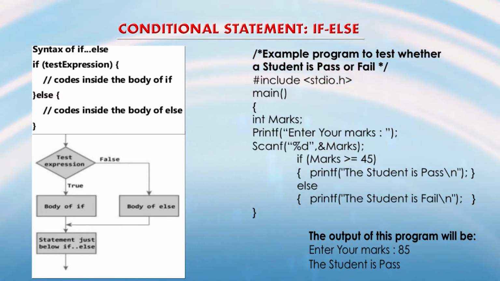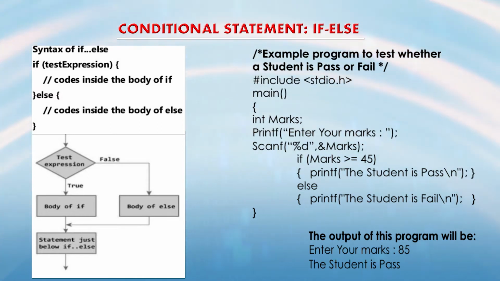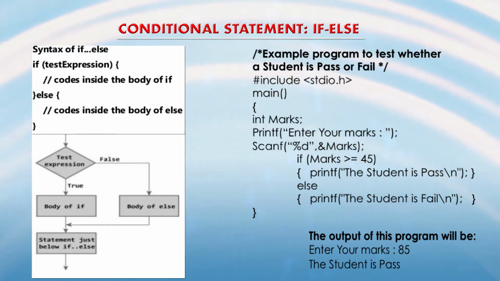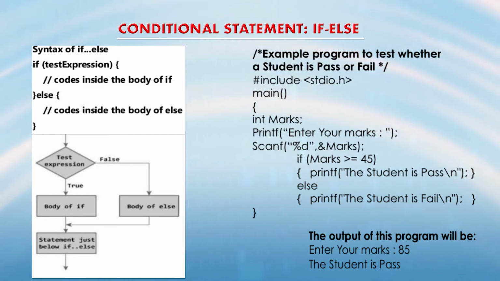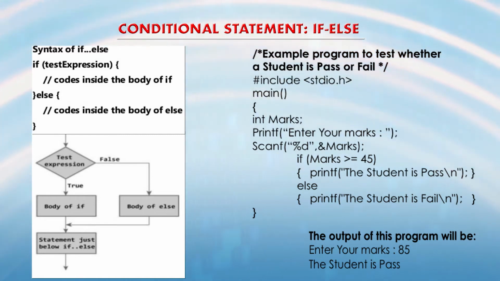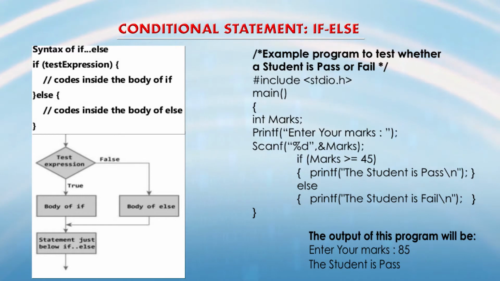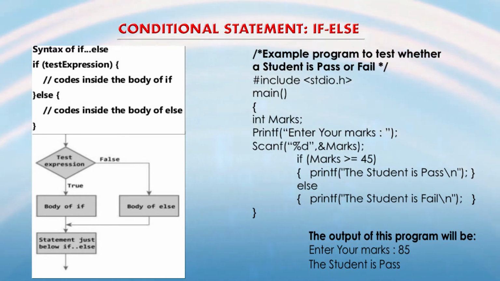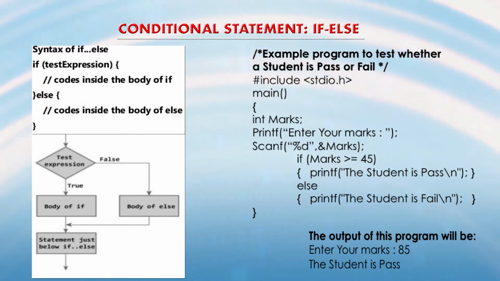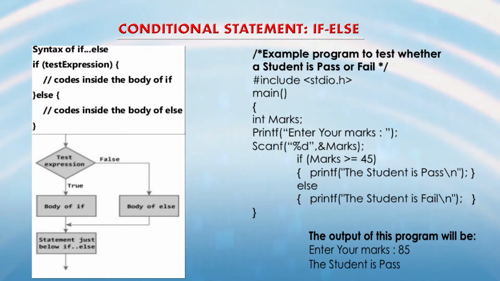So when you enter marks less than 45, the if construct will not be executed and automatically the control will pass on to the statement that prints the student is fail. So even without the else construct you will be able to get the same output, but this was written to help you understand how the if else construct works.